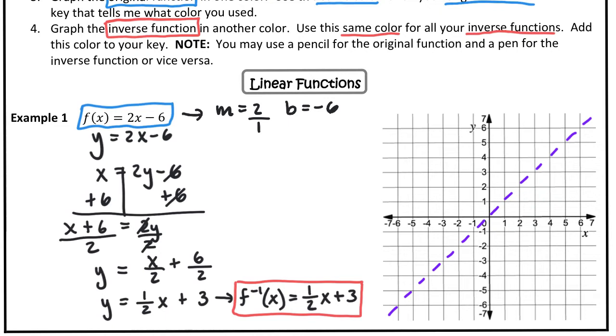There's a 1 under the 2, so that tells me to go up and to the right. My starting point is going to be at -6. So I'm going to put my first point at -6, and then the slope tells me to go up 2 and to the right 1. So right there. And then now I am going to use the ruler for this one.